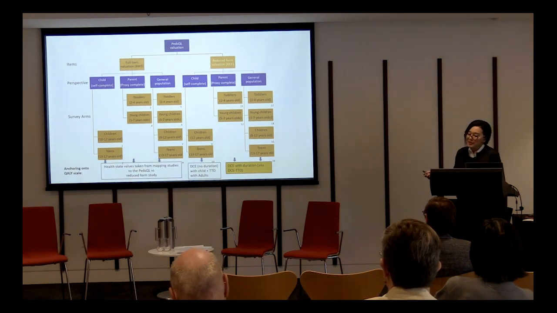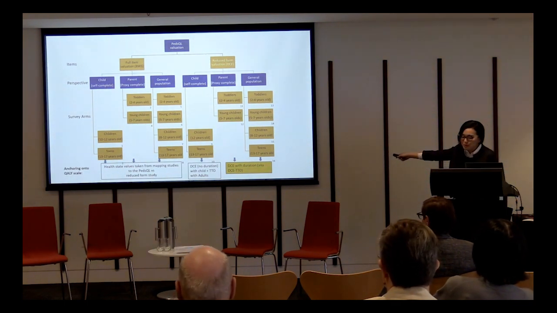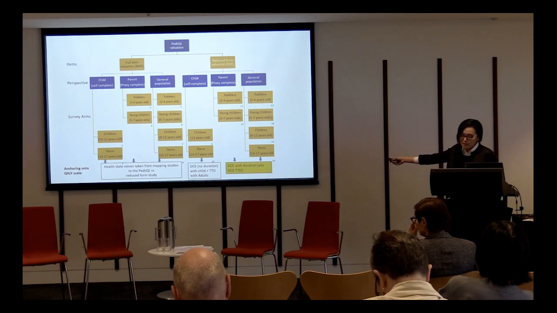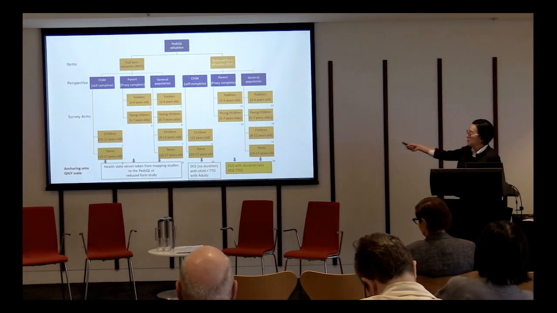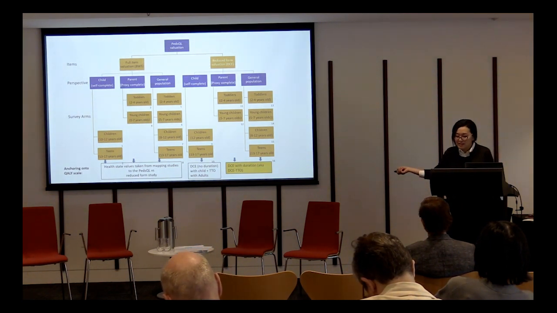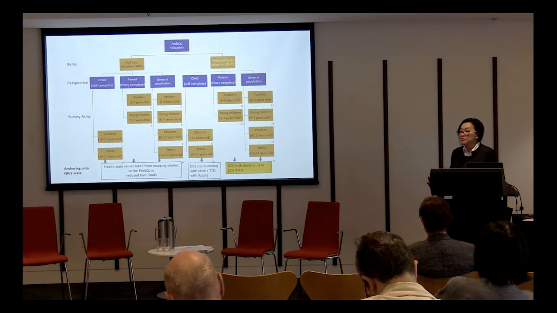Okay, so this is the same diagram you saw before, but now we're just going to focus on the bottom, which is about the anchoring. I'm just going to focus on the yellow box first. For the parents and the general population, to anchor the scores from the DCE, we included duration as an attribute in the DCE task.